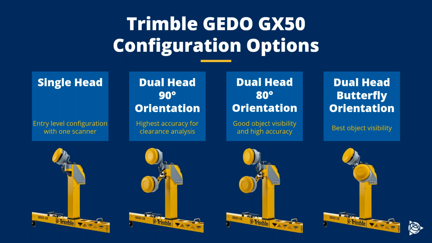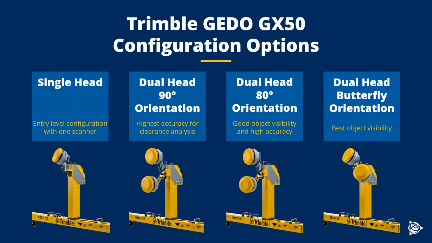We also have a setting where the dual head can be configured into an 80-degree orientation, which provides a very good object visibility because you see objects from a bit of an angle, which also provides you with a very high measurement accuracy.